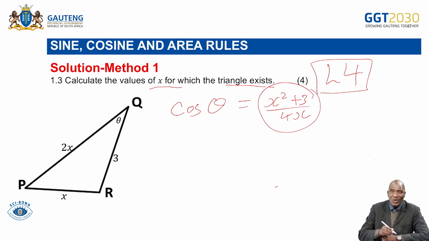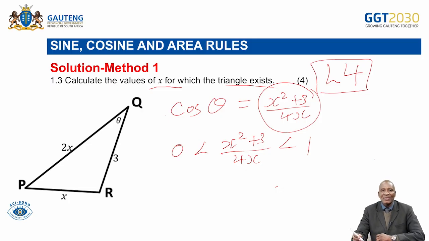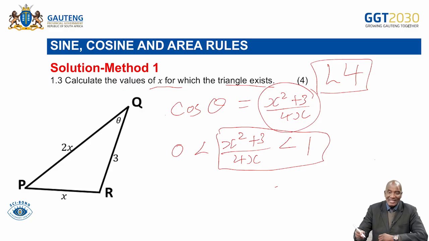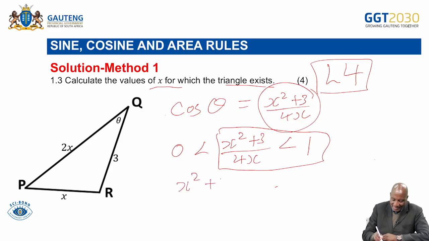This is where I'm concentrating. I want to solve for x. I will then say 0 is less than x squared plus 3 divided by 4x, and then that part must be less than 1. Right, I'm now going to focus on this part here. Otherwise, the bottom part will be invalid. I will form an inequality: x squared plus 3 divided by 4x is less than 1.